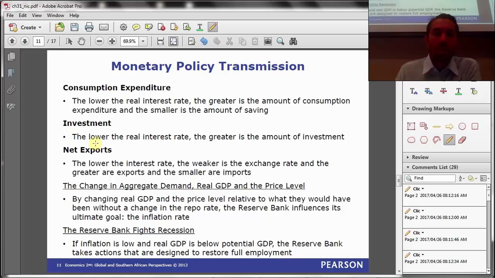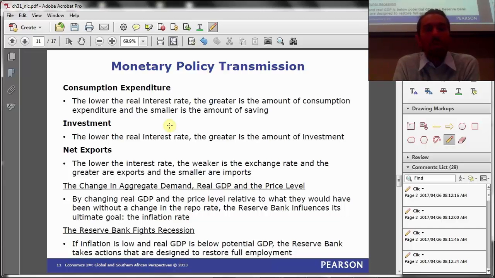However, a lower real interest rate is usually associated with an increase in bank loans, and an increase in bank loans leads to an increase in deposits, which is an increase in savings. So on the consumption side, we have an increase in consumption and lower savings, but on the investment side, the lower interest rate also increases savings.